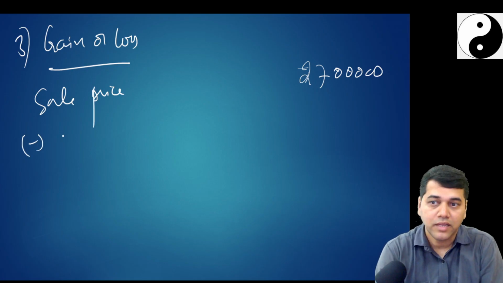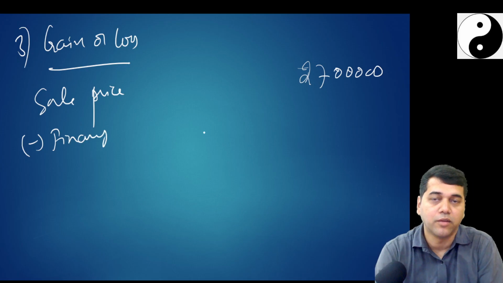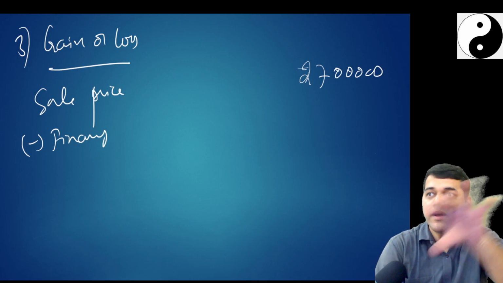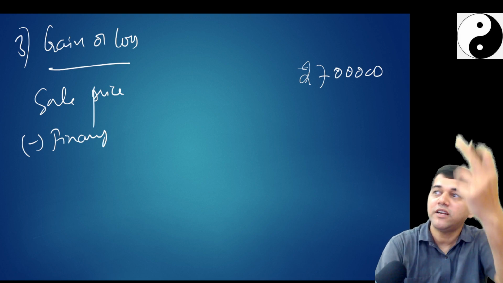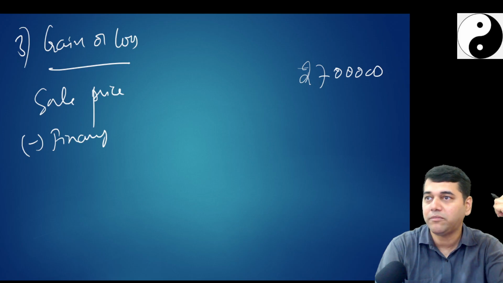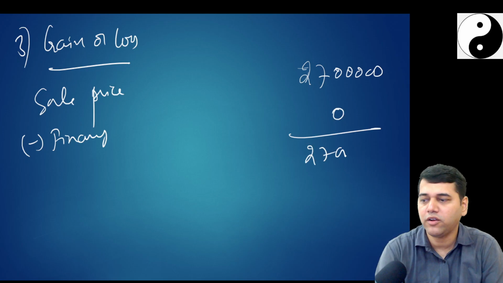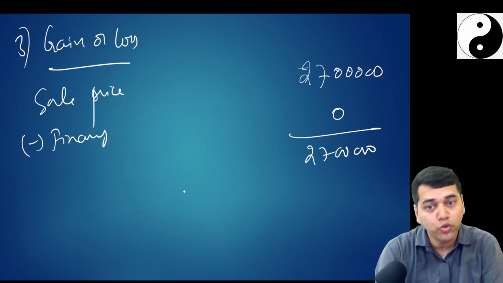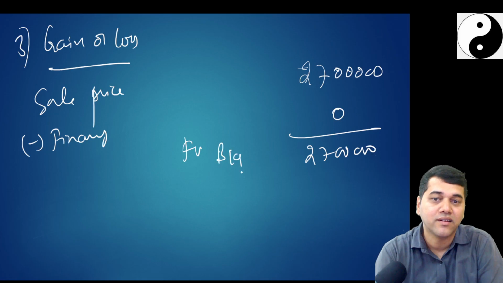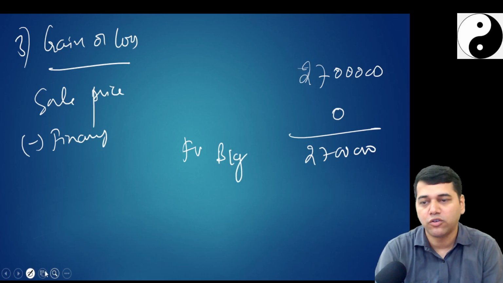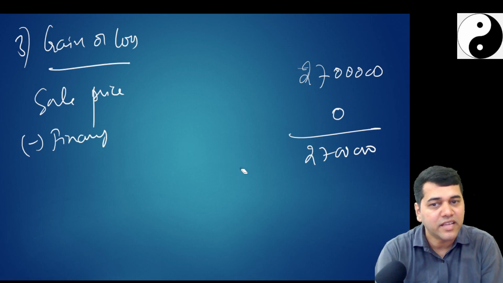No. Less financing component, if it is there, because we would have bifurcated, no. We would have passed from day one bank account debit to financial liability. So 0, not there. So we got 27 lakh. This is the sale consideration received for the building component. I don't say fair value of the building, I say sale price for the building.